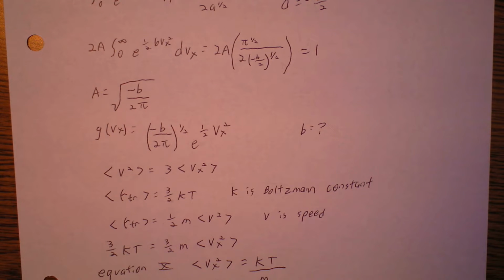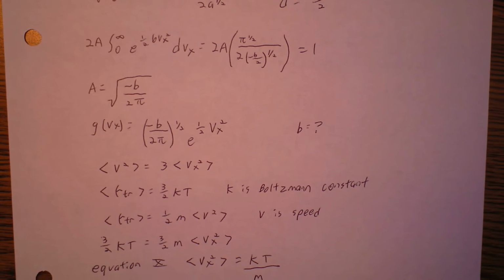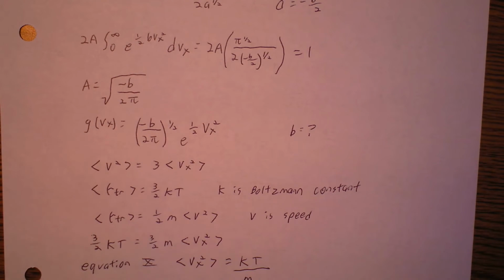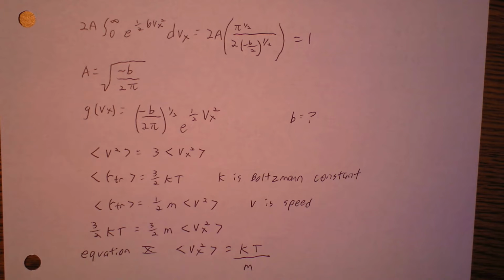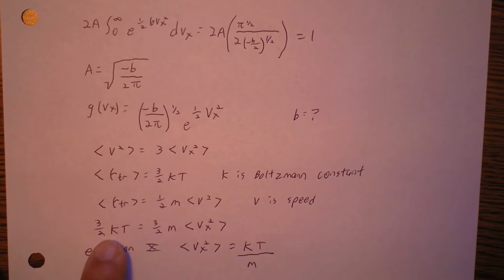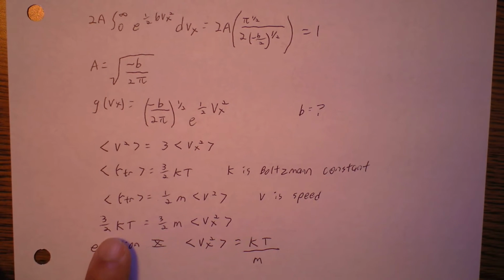We also know that the average energy of translation for a molecule is equal to 3/2 kT, and remember, lowercase k is the Boltzmann constant. So we have the average energy of translation, that's 1/2 m times the average speed squared. So using substitution, we get 3/2 kT is equal to 3/2 m times the average x component of speed squared.